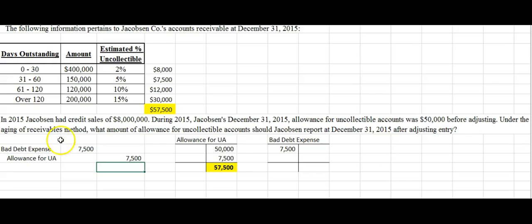So if I ask you what the bad debt expense is, the answer is 7,500. If I ask you what the balance for uncollectible accounts should be at the end after the adjusting entry, it's 57,500. You would have had the answer right down here. You wouldn't have to have done the second step, but the second step is necessary to adjust the balance over here.